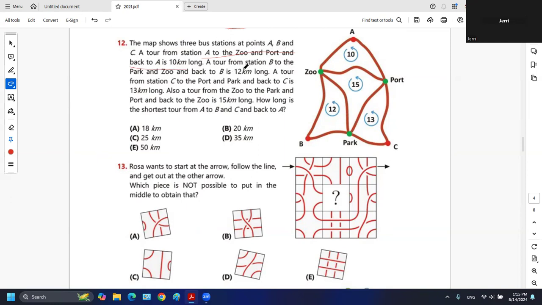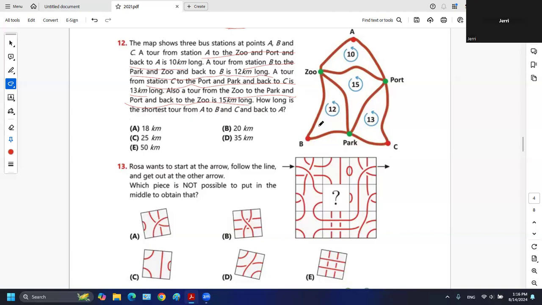A tour from station B to park and zoo and back to B is 12 kilometers long. A tour from station C to port and park and back to C is 13 kilometers long. Also, a tour from the zoo to park and back to the zoo is 14 kilometers long. How long is the shortest tour from A to B and C and back to A?